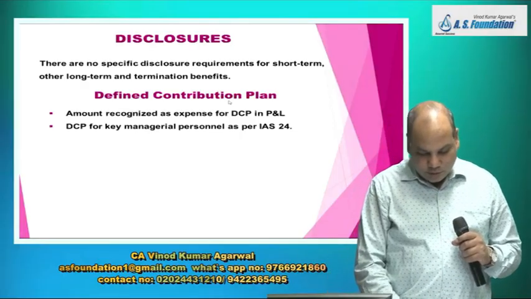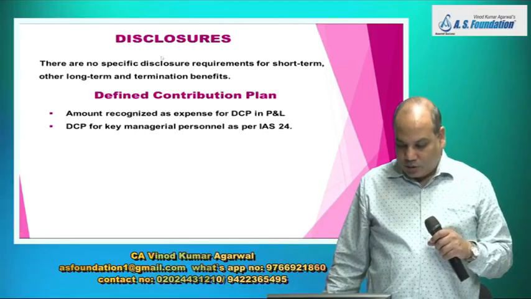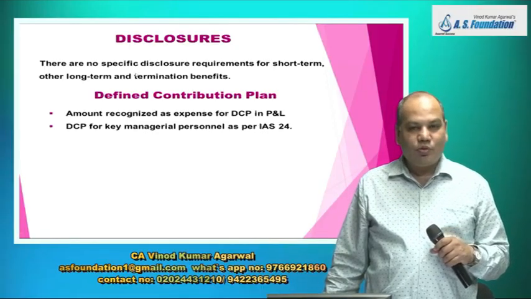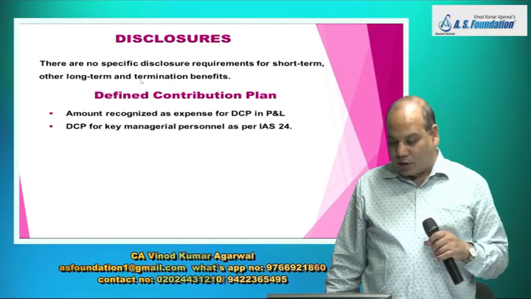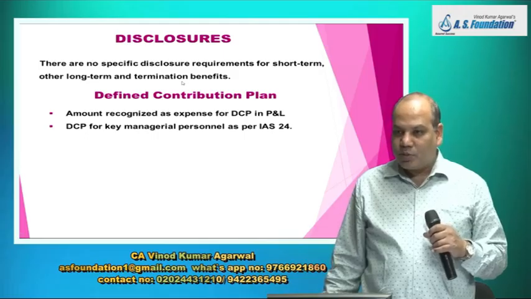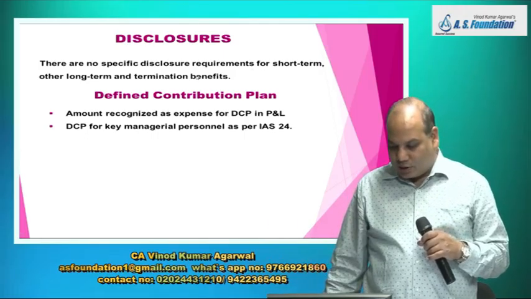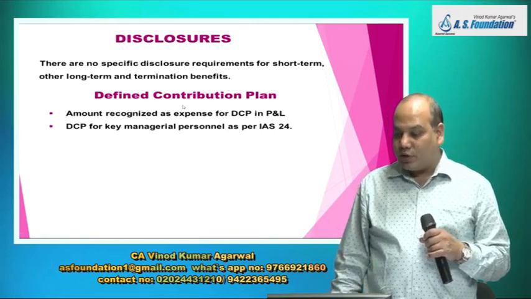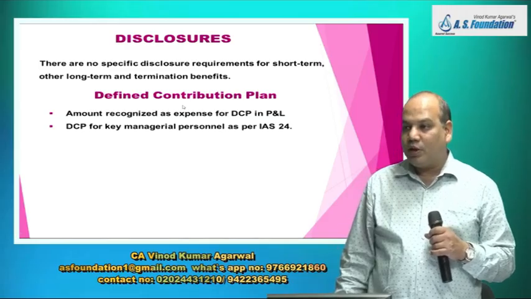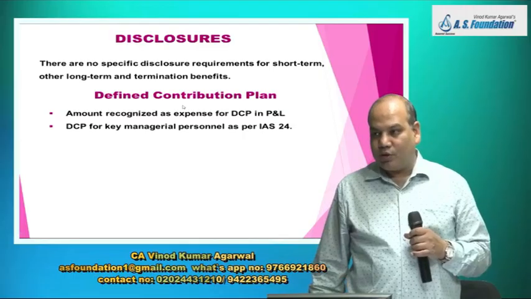Last part of this wonderful standard, disclosure. First, there is no specific disclosure requirement for short-term, other long-term and termination benefit. No specific disclosure. Voluntary, if you want to disclose something, then it can be given. But major disclosure requirements are with respect to post-retirement benefit plan. Under that, first, defined contribution plan.